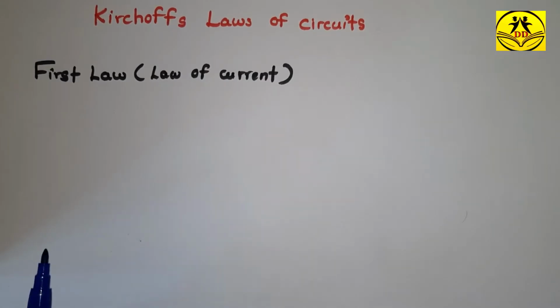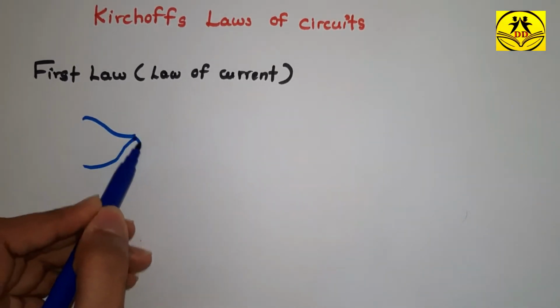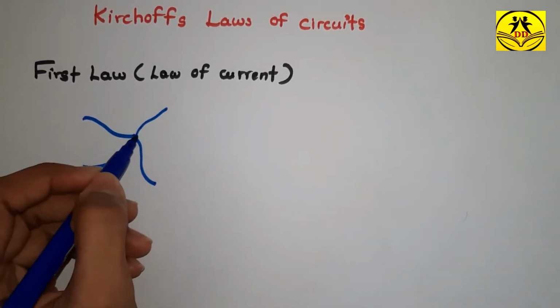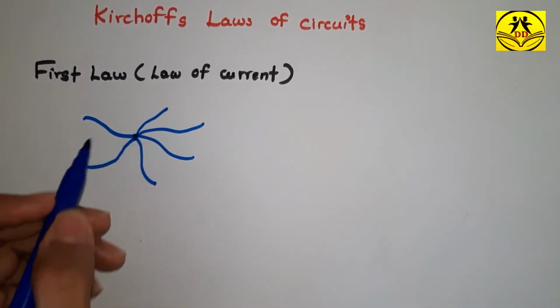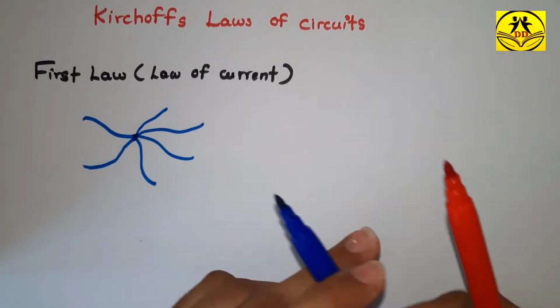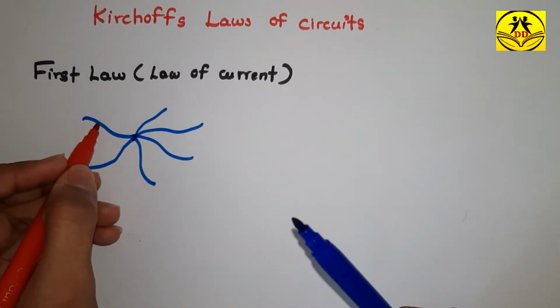Kirchhoff's first law says that in any node in a circuit, now consider a node like this, meaning a junction, the algebraic sum of currents is 0.